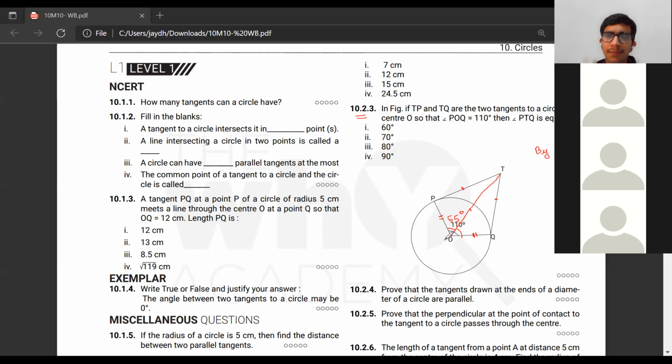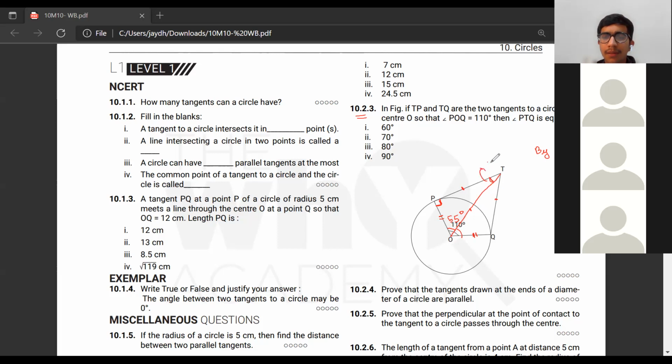And then you can just calculate angle PTQ. How will you calculate that? We know that angle TPO is 90 degrees, and now we can calculate angle PTO.